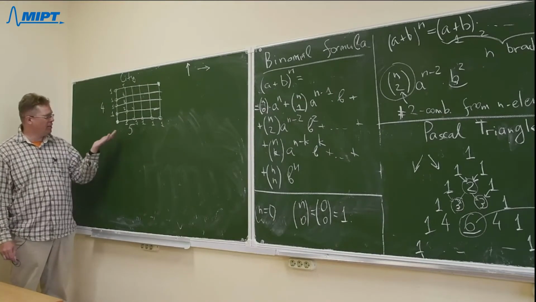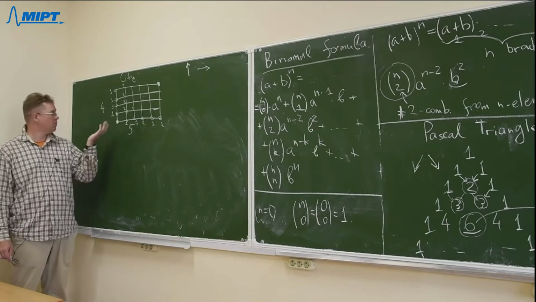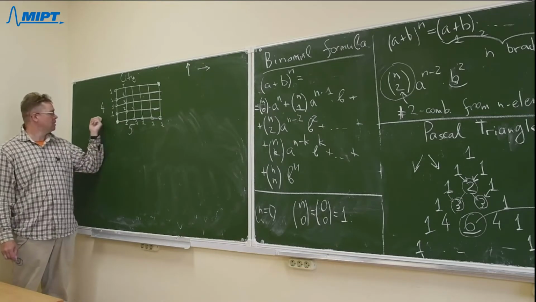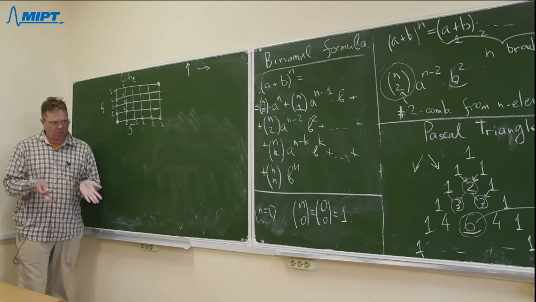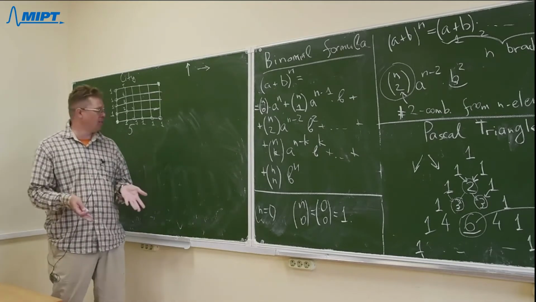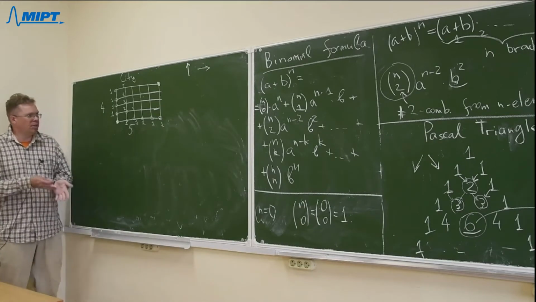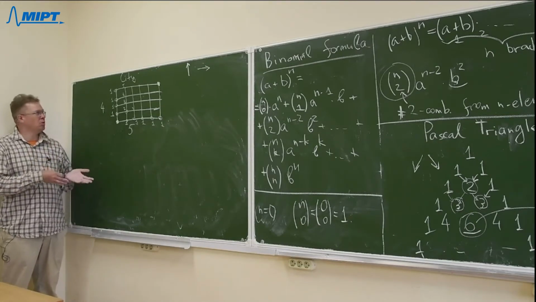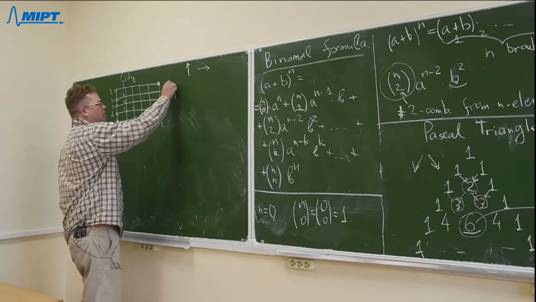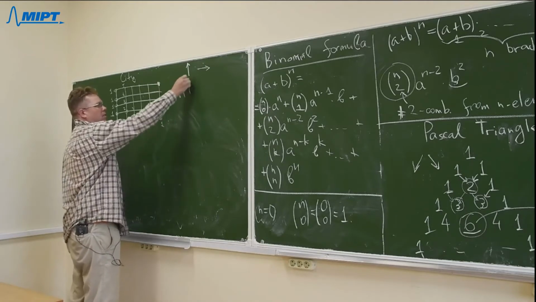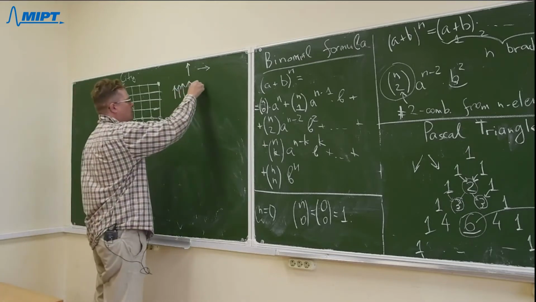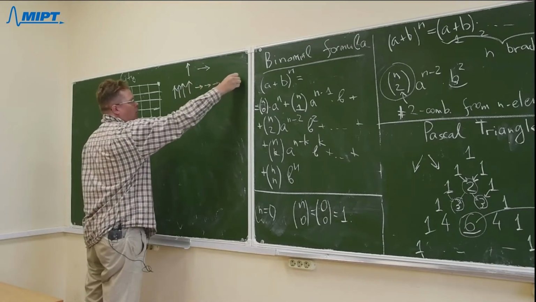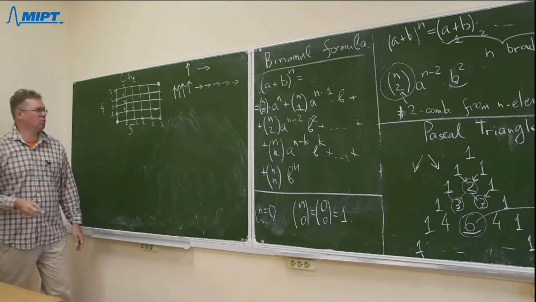Okay, so I need to go 4 steps up and 5 steps right. So I need to try to order them somehow. For example, first I want to go up, and then I want to go right.